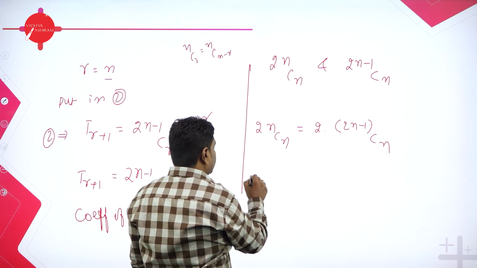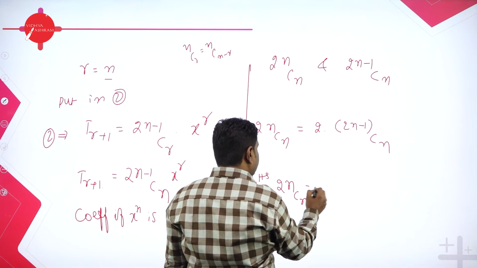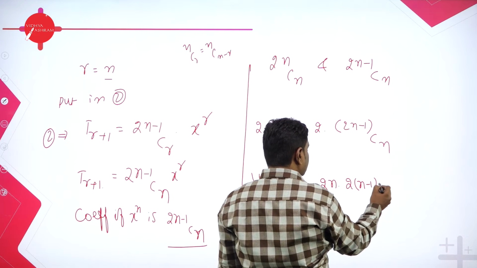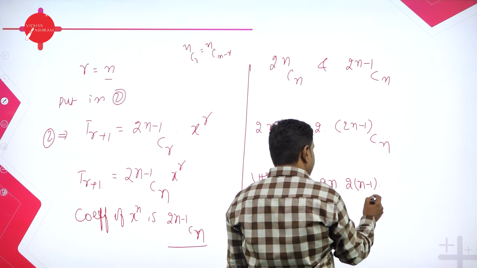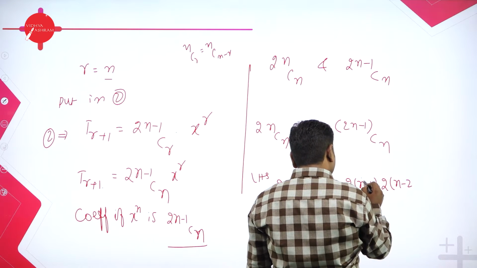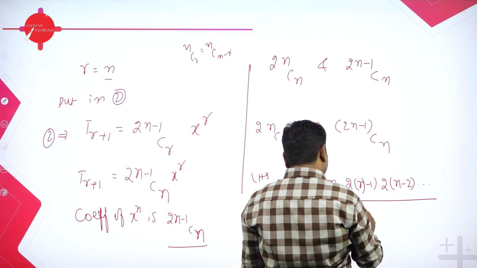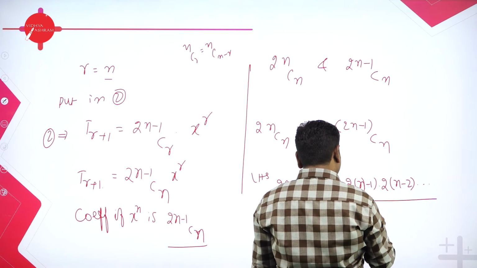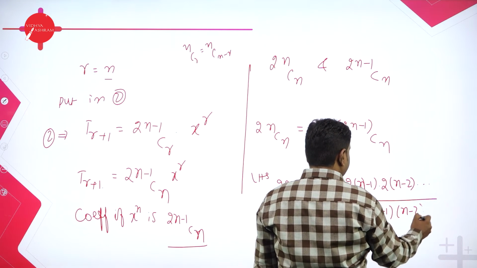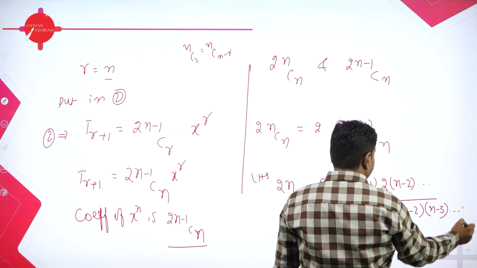So if I take the LHS, 2n Cn can be written as 2n into 2n−1 into 2n−2, and so on, divided by n, n−1, n−2, n−3, and so on till 1.